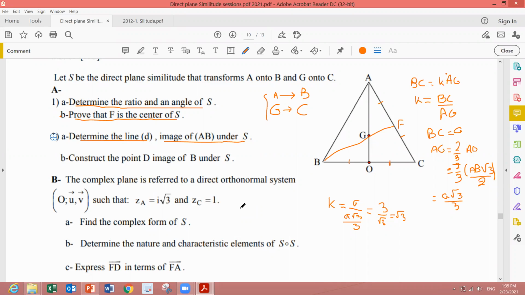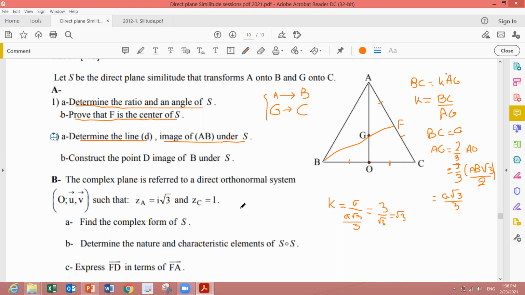Determine the line D, the image of AB. Tell me what is the image of AB, Thomas? We have S of A equals B, so it is a line passing through B and perpendicular to AB.